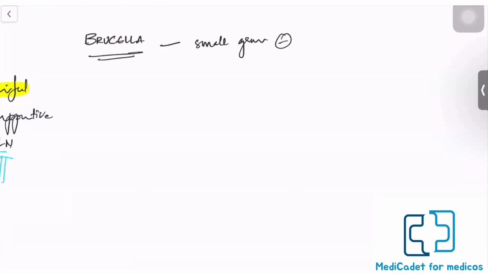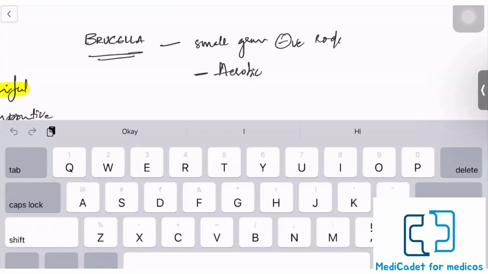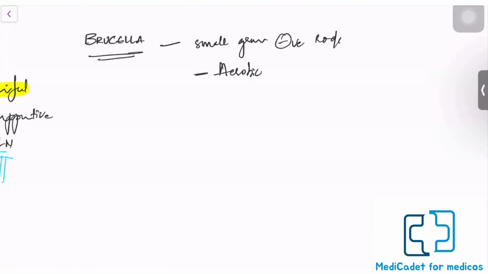Remember, all the bugs which we are discussing today are gram-negative. They are aerobic, and they can stay both inside the cells and outside the cells. That's not the main question. The main question is how they transmit, because in brucellosis, maximum times they want you to know the mode of transmission. So how do they transmit?